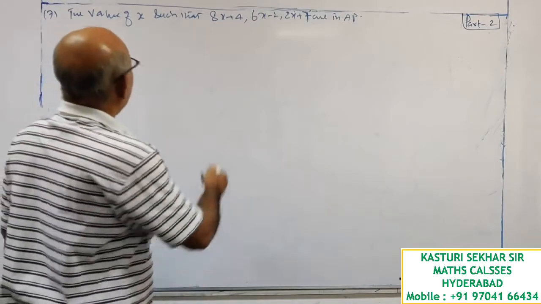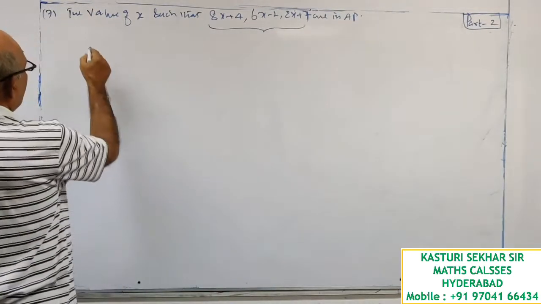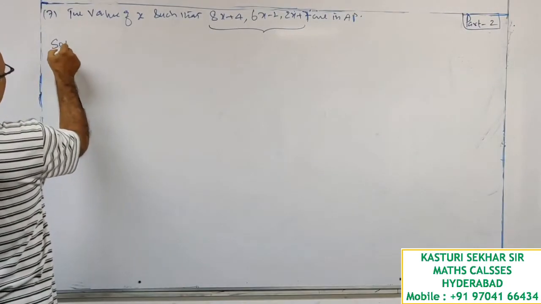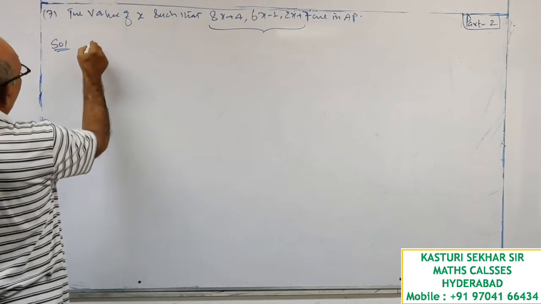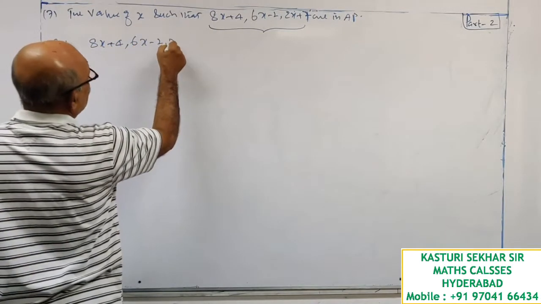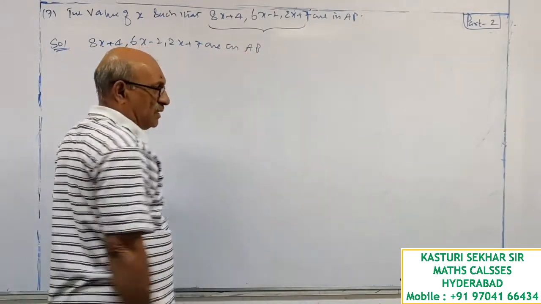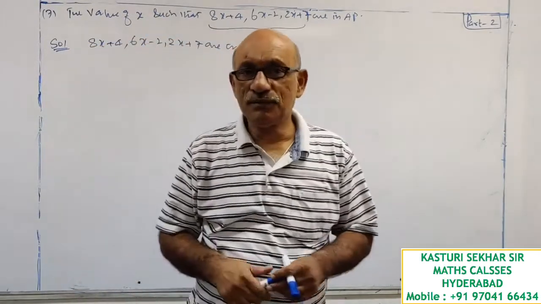Look at this. These three terms are in arithmetic progression. 8x plus 4, 6x minus 2, 2x plus 7 are in AP. These are in arithmetic progression.